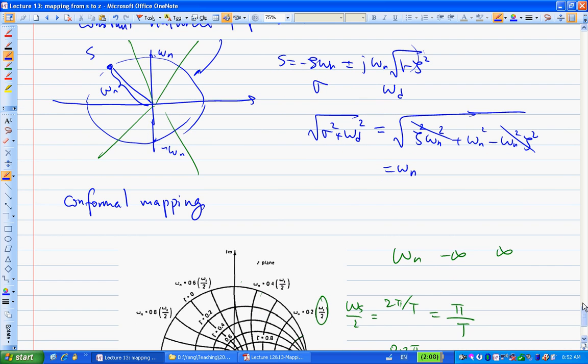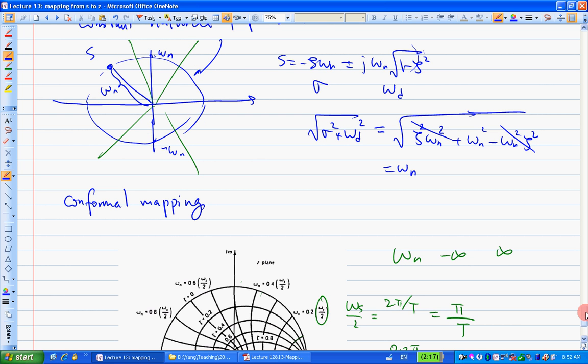Now, one of the concepts I mentioned is conformal mapping. When you're mapping from one complex plane to another complex plane, if in this complex plane they have a perpendicular relationship, then after the mapping, they should retain the same relationship, right? So if I draw any radial lines out of here, which is the constant damping ratio line, this radial line is perpendicular to the natural frequency circle.